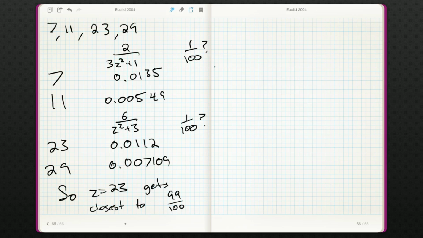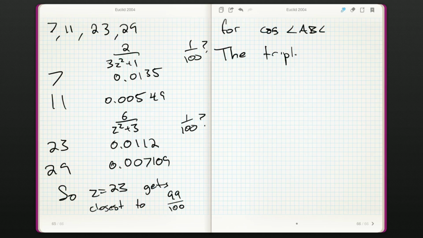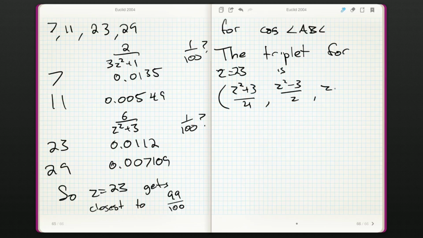299 over 100 for cos of angle ABC. And the triple, and we have to make sure it is a triple, or the triplet for z equals 23 is, what do we need? We need z squared plus 3 over 4, z squared minus 3 over 2, and z.